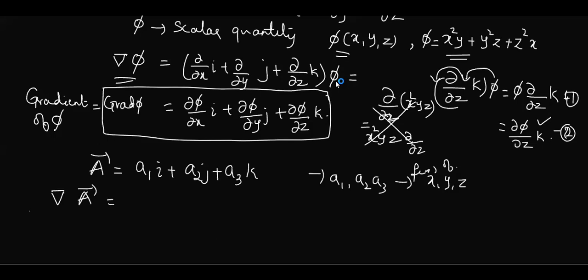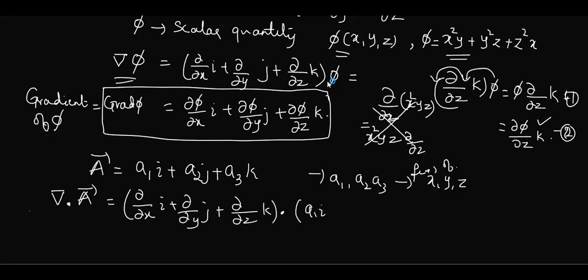Dot or cross. So let me take the dot product, suppose. So what is del? Del is dou by dou x i, dou by dou y j, dou by dou z k, dot product with A. What is my A? a1 i plus a2 j plus a3 k.